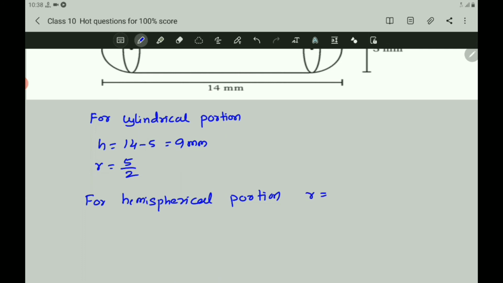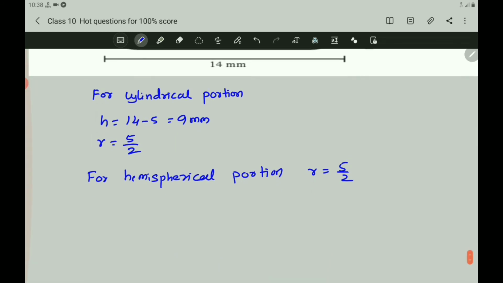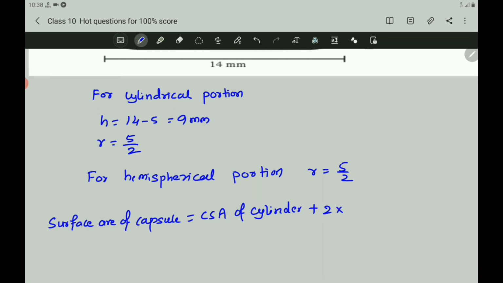So write r equals 5 by 2. Then the surface area of the capsule equals CSA of cylinder plus 2 into CSA of hemisphere.